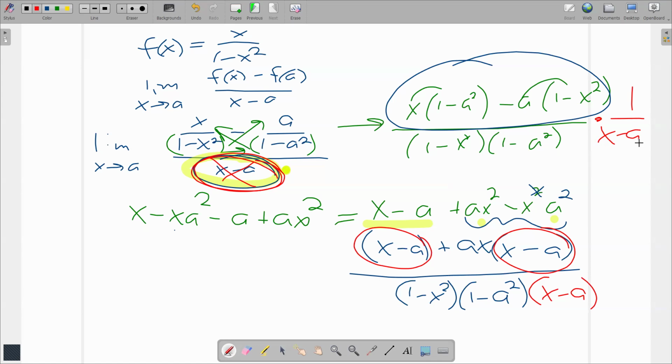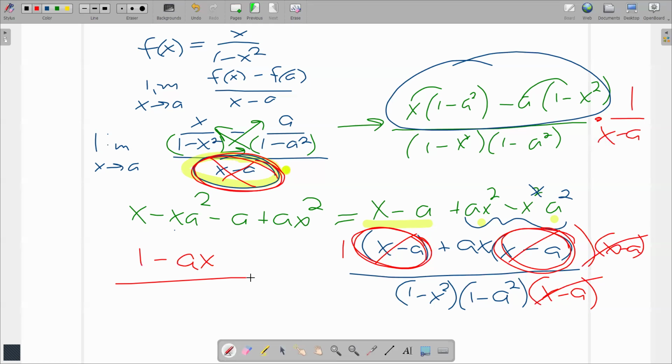I see. So if I factor this out of the top, what's left behind? Well, there's going to be a 1 left behind there. There'll be an x minus a out here, which cancels with that one. So what's left? In the top, I have a 1 minus ax.